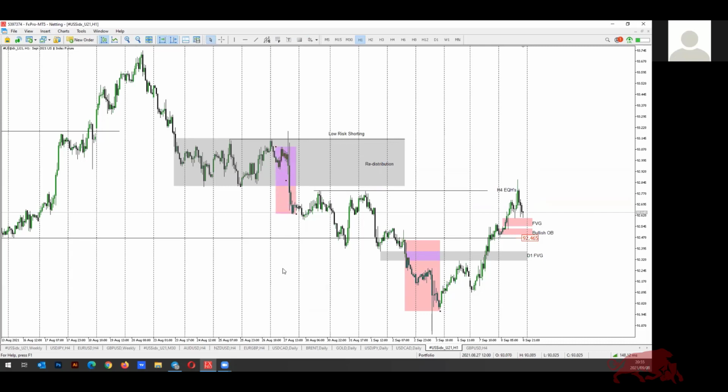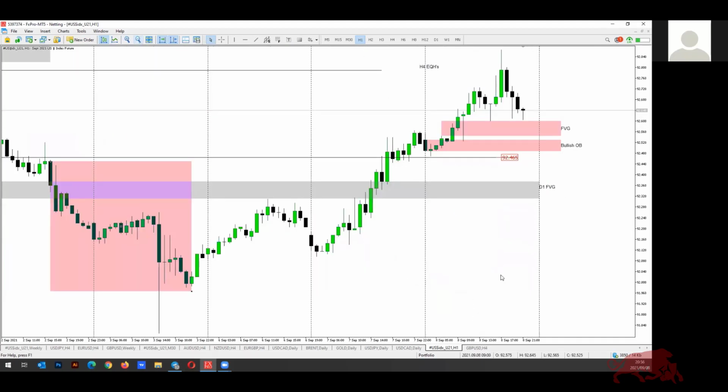There's always weakness coming in. This drop here is Thursday and Friday. Now this is Monday, so the weakness from here was up until there. So there's always weakness coming into dollar index, and expect that weakness to continue up until 92.465.